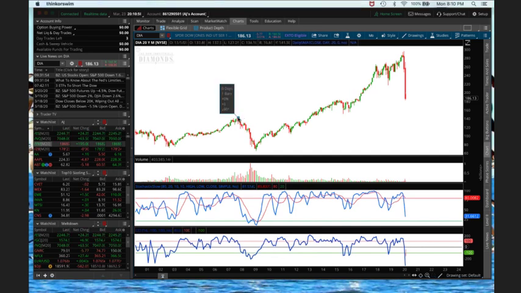I don't want to draw too many lines because I use these lines, but look at this. This was the drop from the end of 2007 through 2008 and the beginning of 2009. There's the drop. Look at today's drop. Now here we go. This is not, again, rocket science. Remember, from 2000 to 2008 there, actually, let me back up.